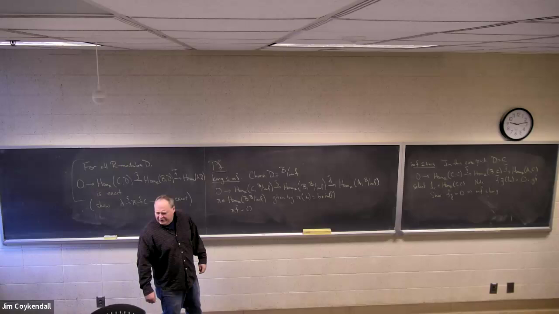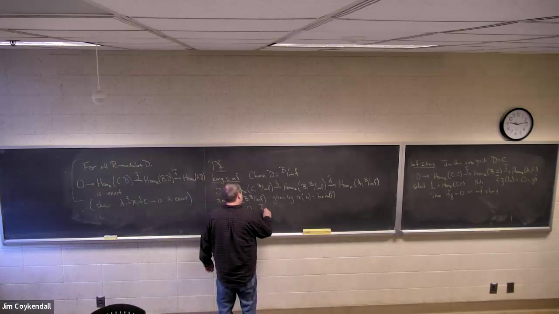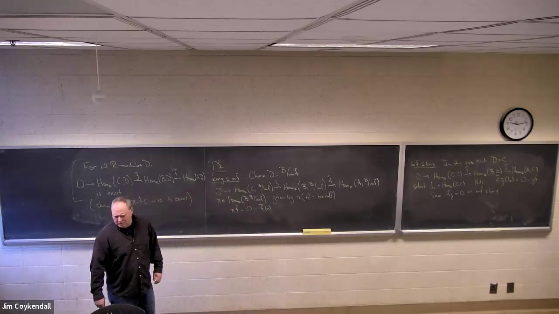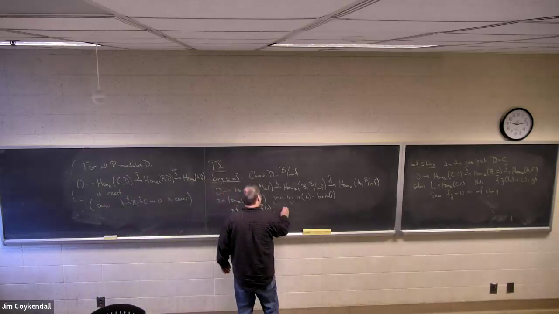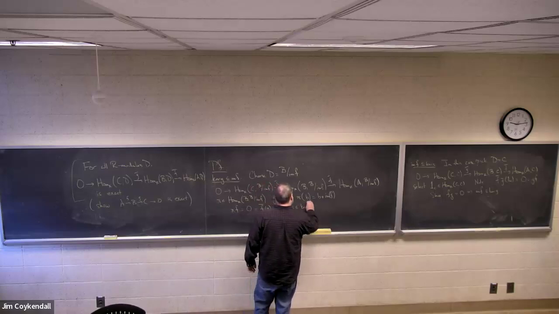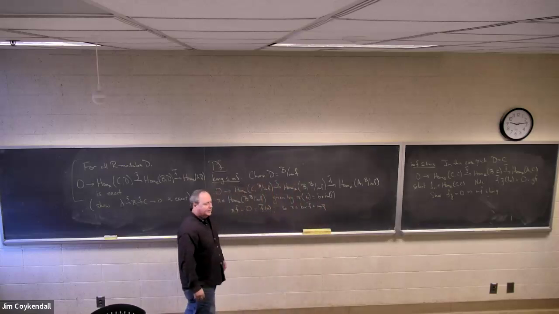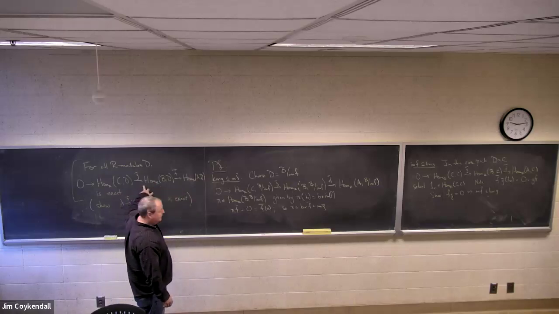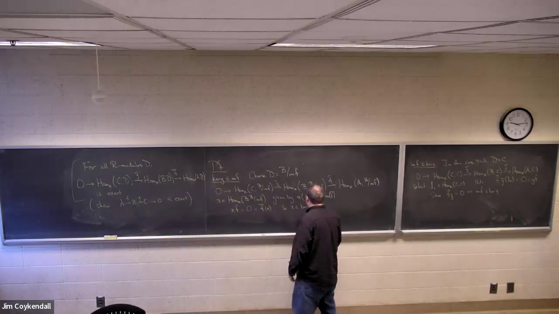And of course, this is F bar of pi. So pi lives in the kernel of F bar, which we know is the image of G bar.